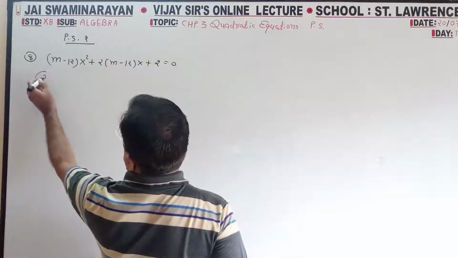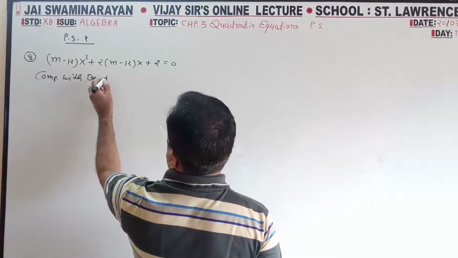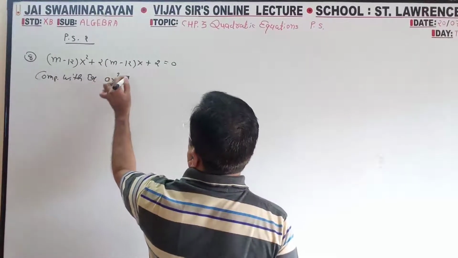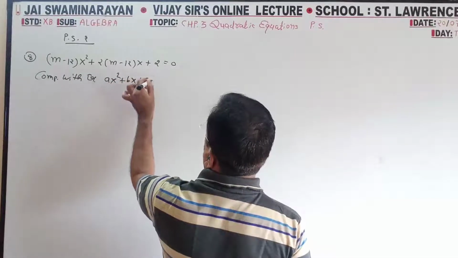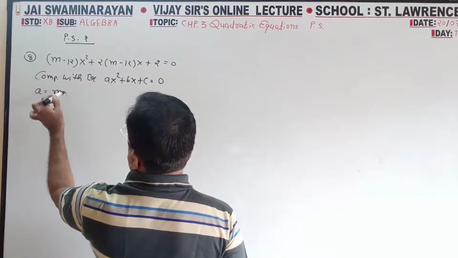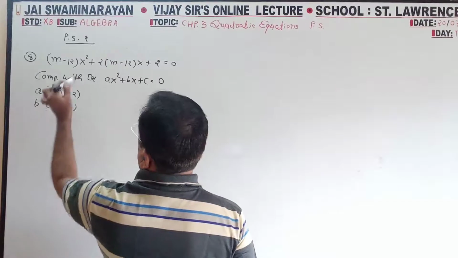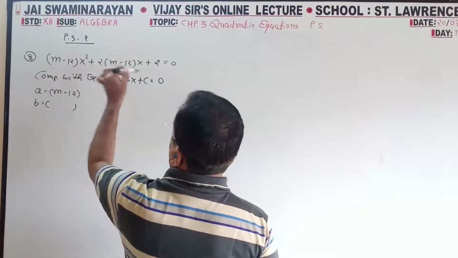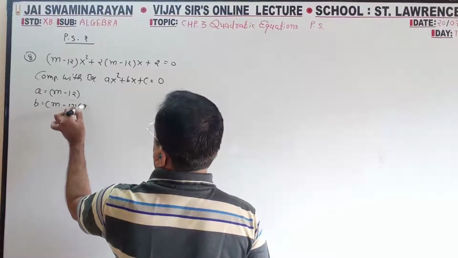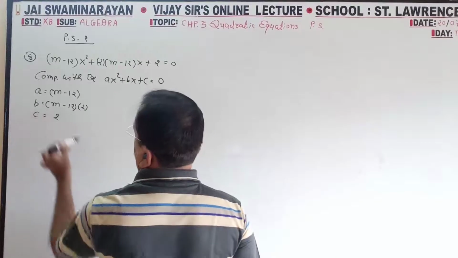Compare with the equation ax square plus bx plus c is equal to 0. So what is a? What is b? Remove x square, that is a. Remove x, this is b. 2 is also there, correct? And what is c? Only 2.